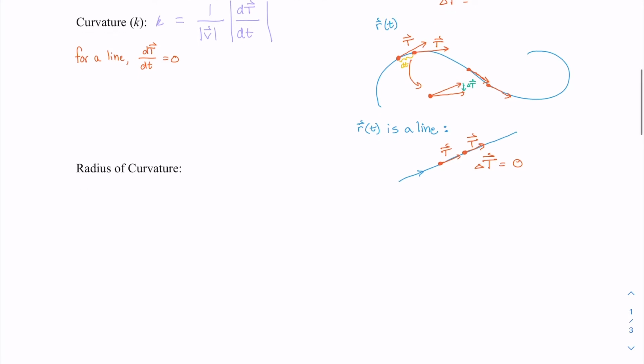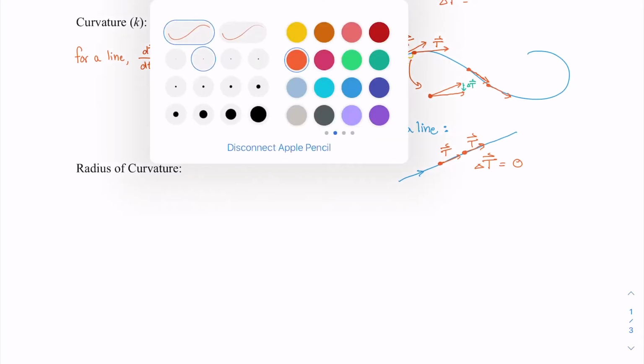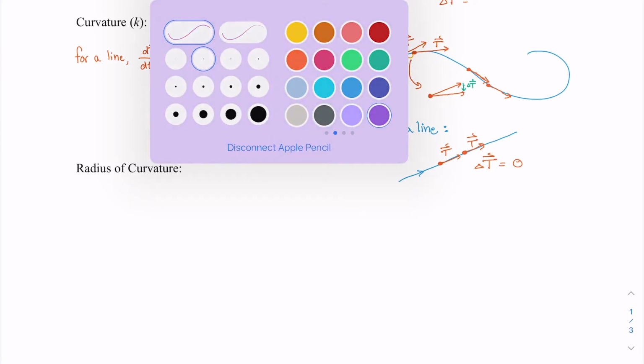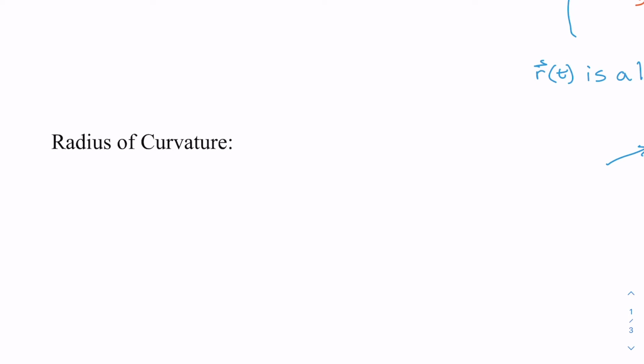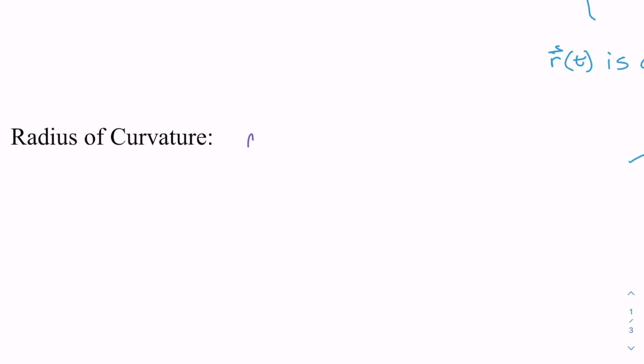And then there's another idea called the radius of curvature. The radius of curvature is a value that is a radius of a circle.